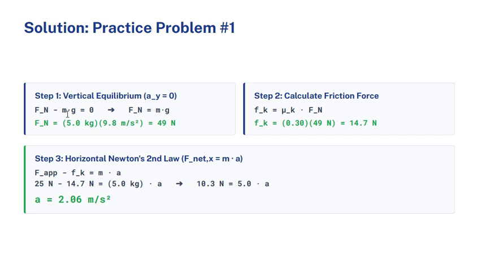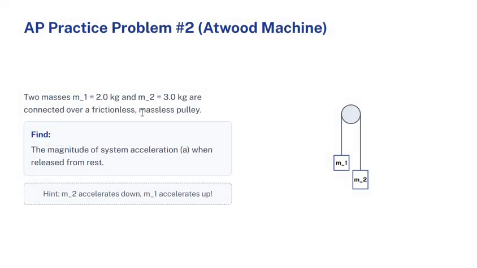Okay, so let's keep going. Oh, we have a pulleys question. Two masses, m1 and m2, are 3 kilograms and are connected over a frictionless massless pulley. Find the magnitude of the system acceleration when released from rest.